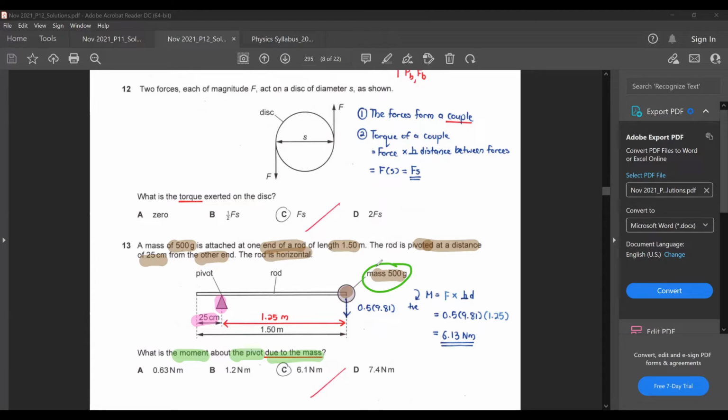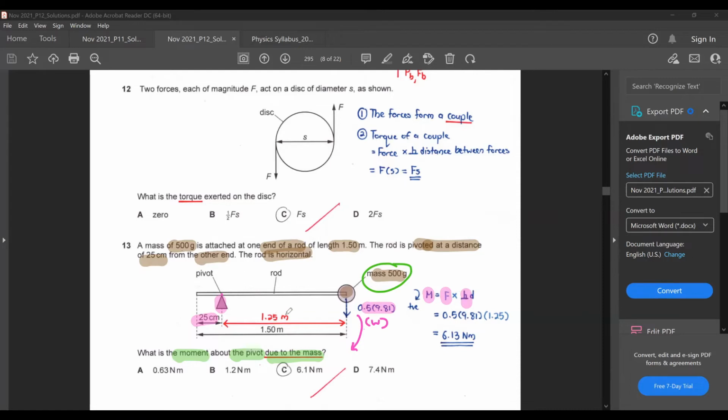In our case, the mass of 500 grams has a weight of 0.5 times 9.81. This weight will cause a moment clockwise about the pivot. To find the moment, we take the force multiplied by the perpendicular distance.